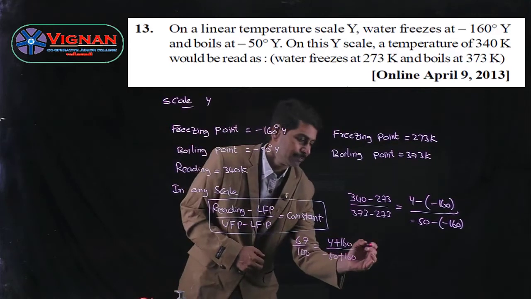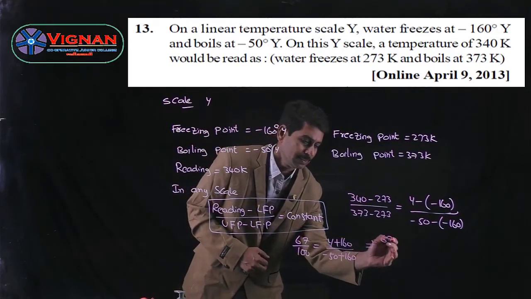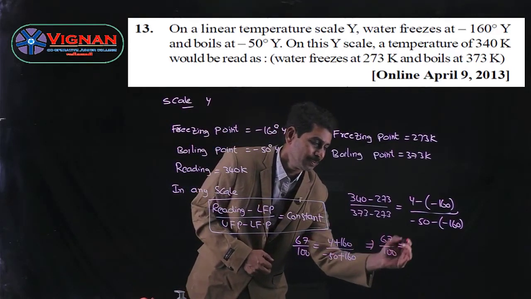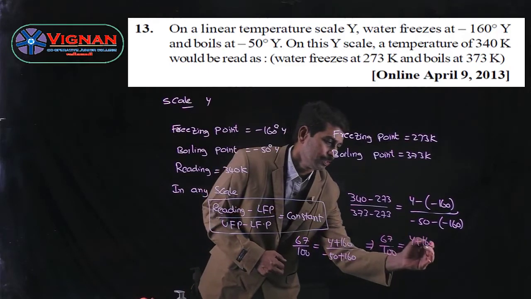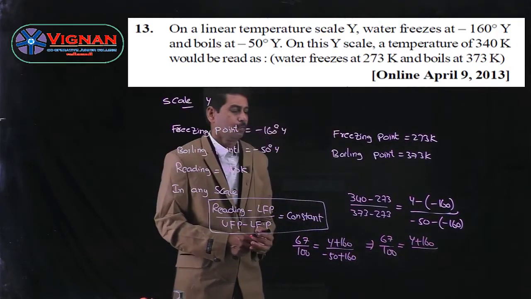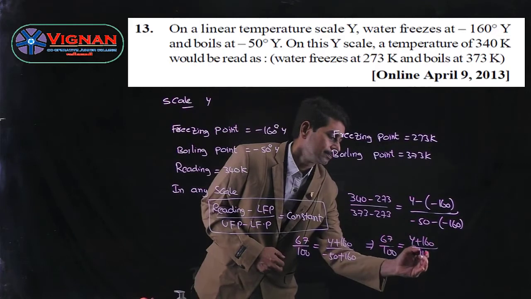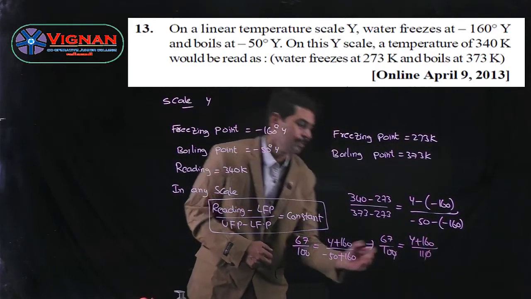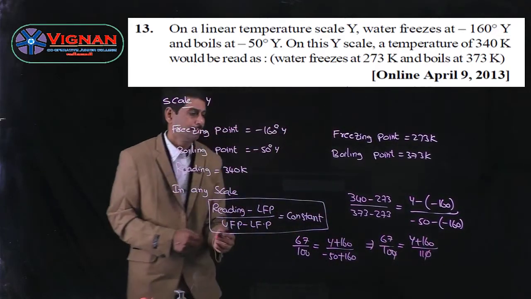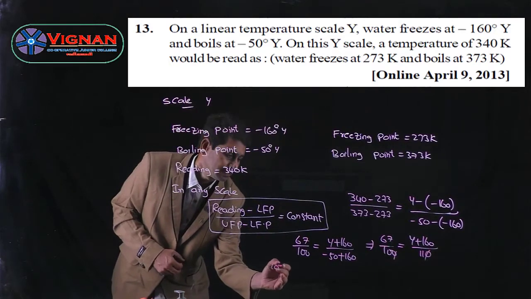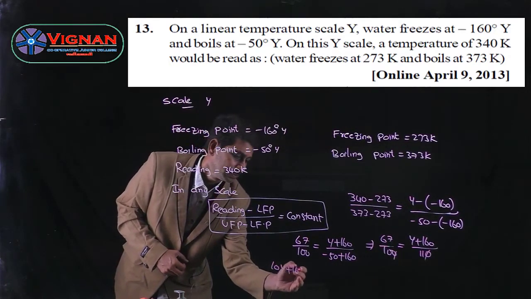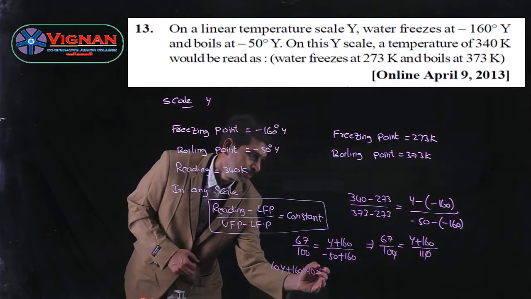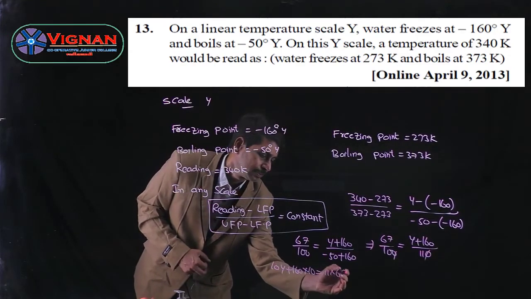So this is nothing but 67/100 = (y + 160)/110. Now the zeros get cancelled, and on cross multiplying we get 10(y + 160) = 11 × 67.